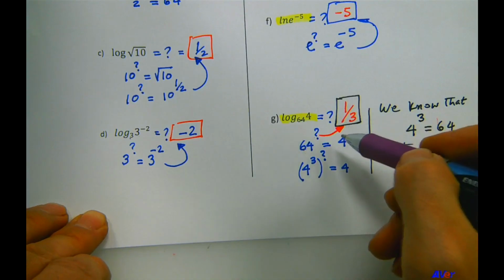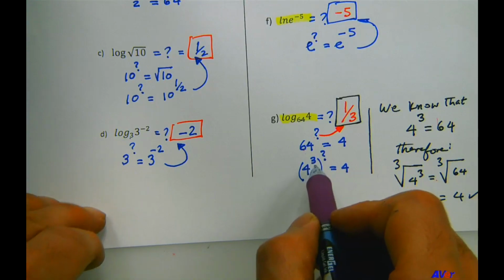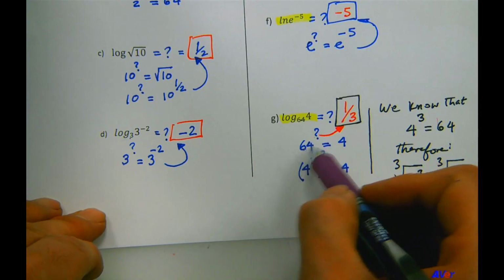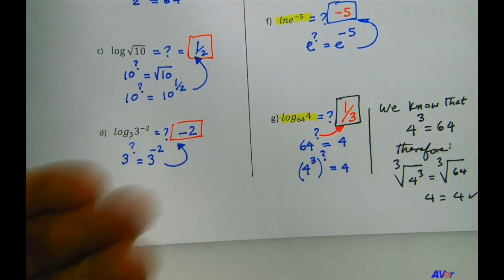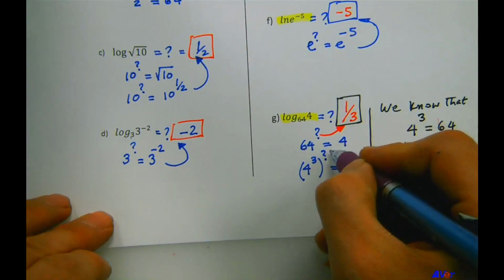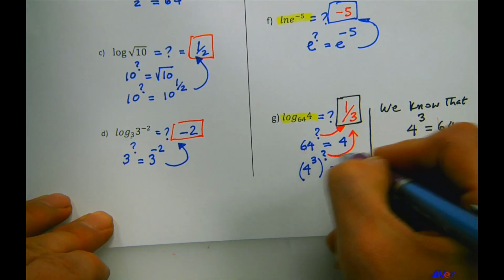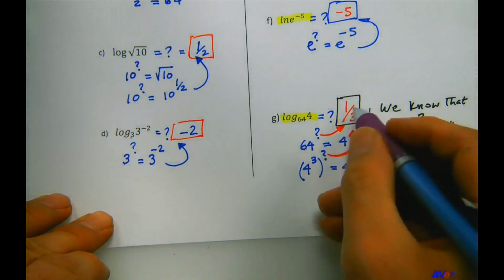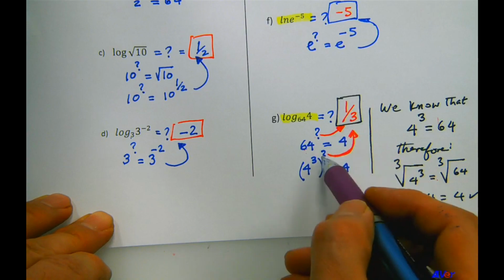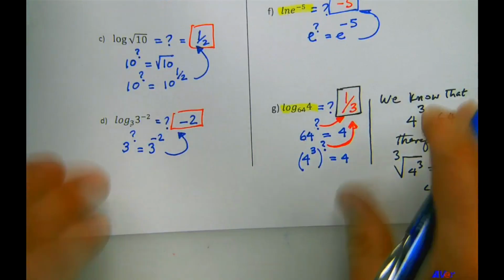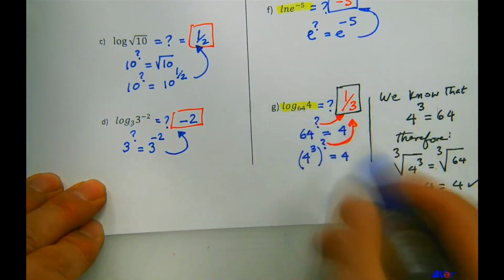Okay? So 64 to the 1/3. So that question mark should be like that. So either you're dealing with this or that, because if the question mark is 1/3, what do you get? I mean, this was not necessary. If you remember this, this is not necessary, but it's fine.